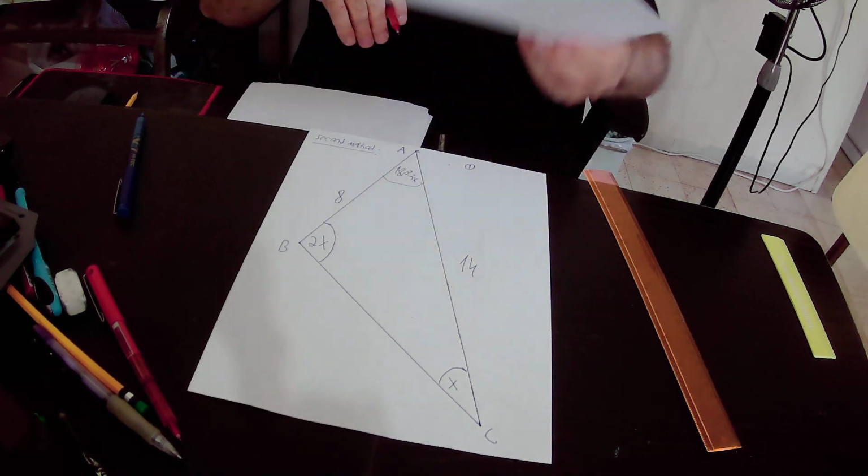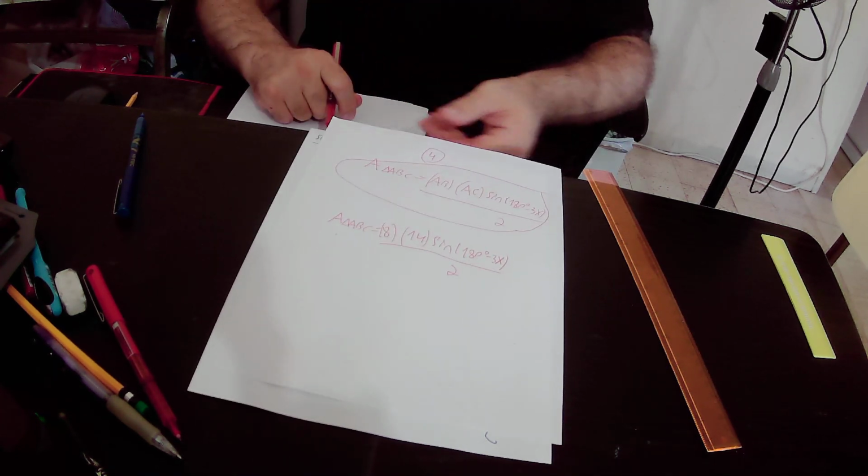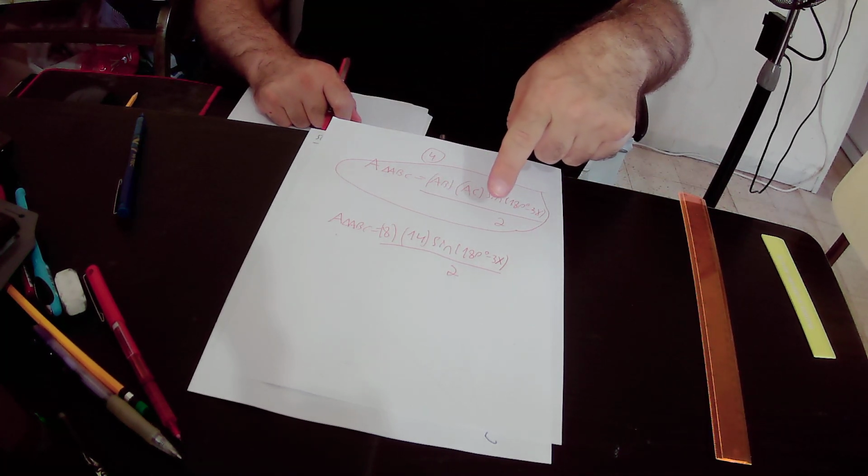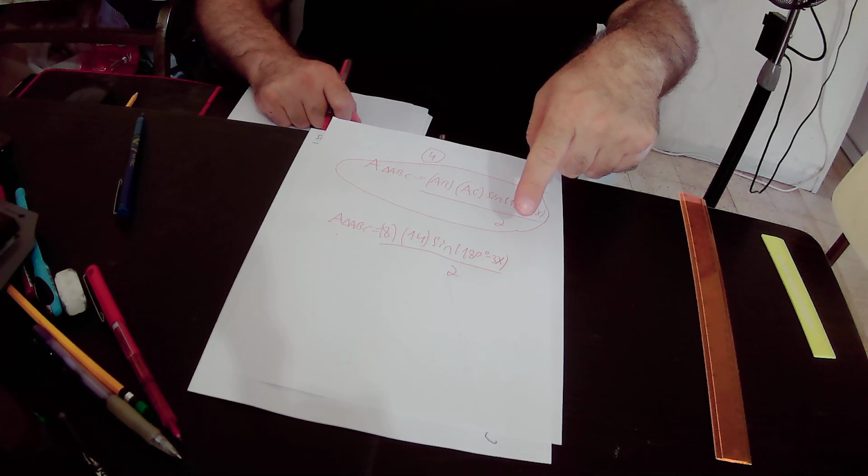So the area of triangle ABC will be equal to 8 times 14 times sine of 180 degrees minus 3x over 2.